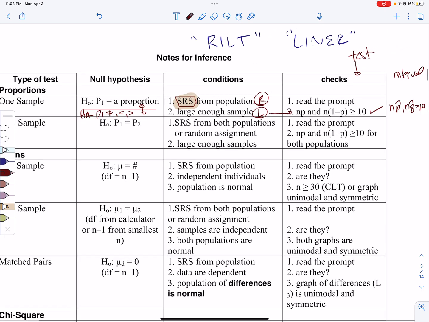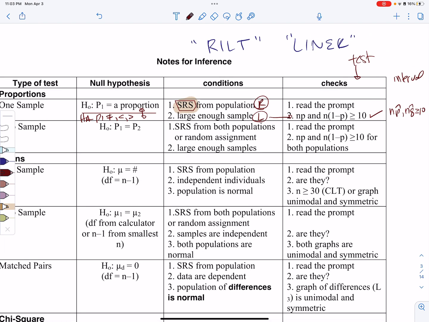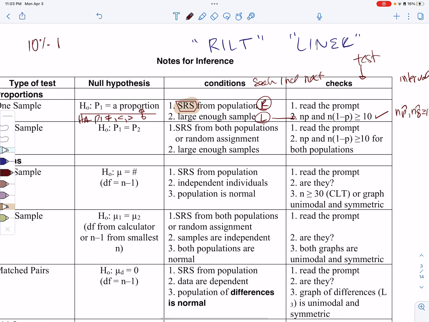Okay, so notice for 1 sample proportion, you don't have to state each is independent from the next. That is not going to hurt you ever because you do have to talk about that only with the paired. But you don't want the 10% rule unless this is an SRS, so the 10% rule, guys, you've got to remember, is an SRS that is not replaced.